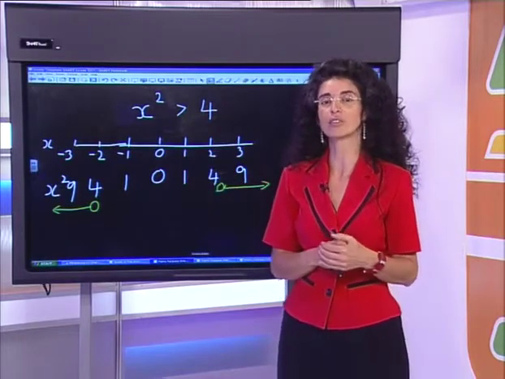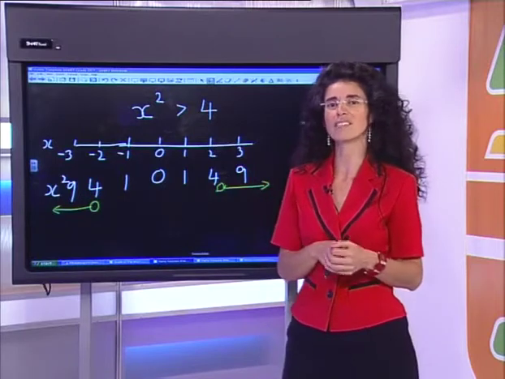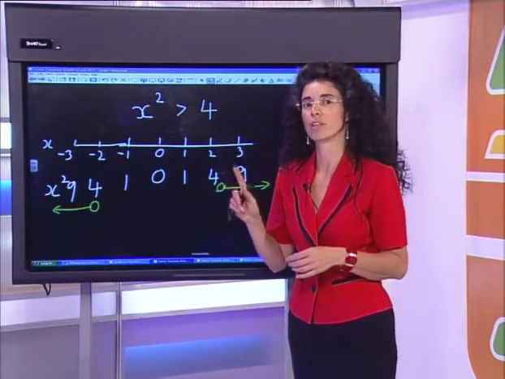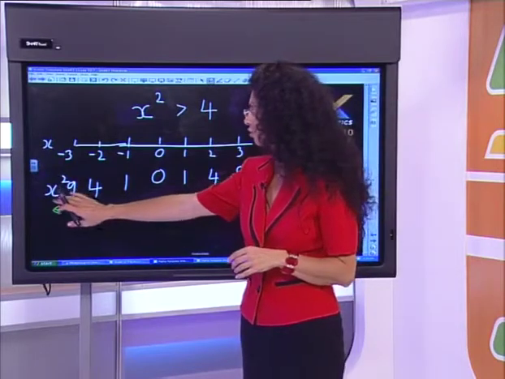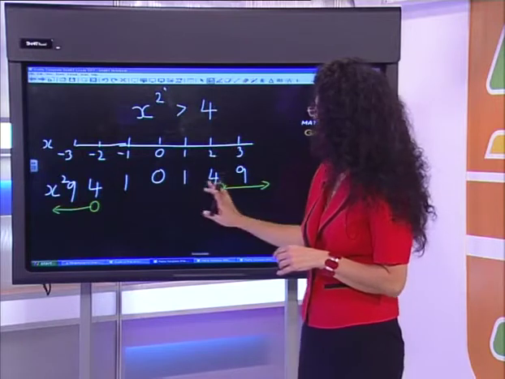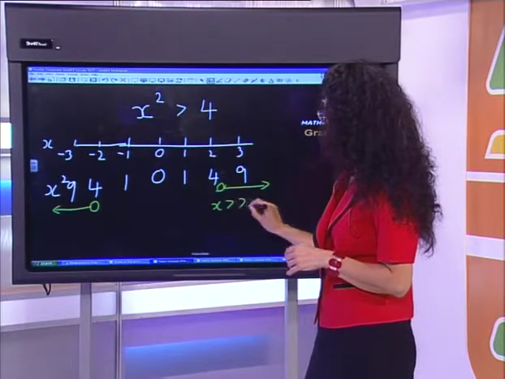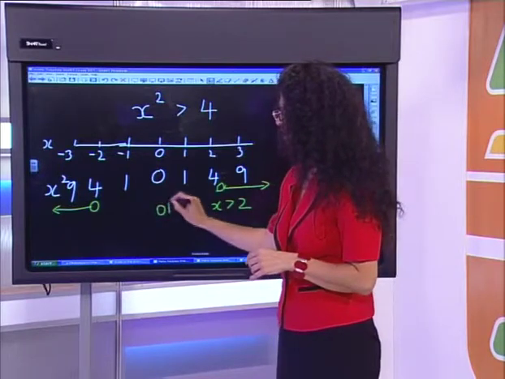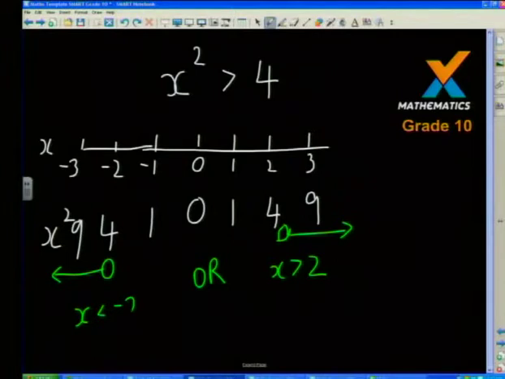When we cover the graphs, you'll be able to get a bit better grasp on this. But for now, if you draw a table of values on the squared function, you'll be able to say x squared bigger than 4 will actually be anything greater than 2. So x greater than 2, or it's a split set, x smaller than -2. So you actually get two sets.